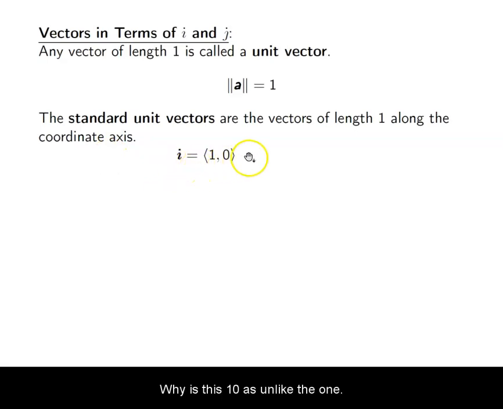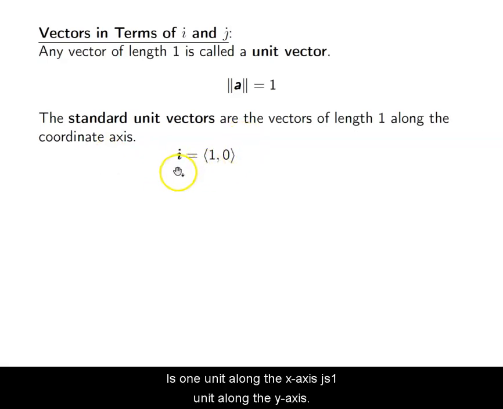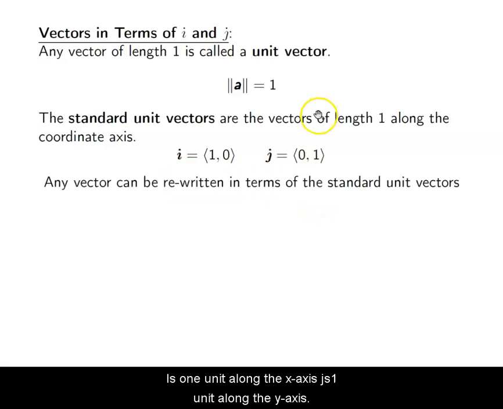So i is just 1, 0. It has a length of 1 and it is 1 unit along the x-axis. j is 1 unit along the y-axis, right? So any vector can be written in terms of these standard unit vectors, right? Any vector in R2 can be written in terms of i and j.